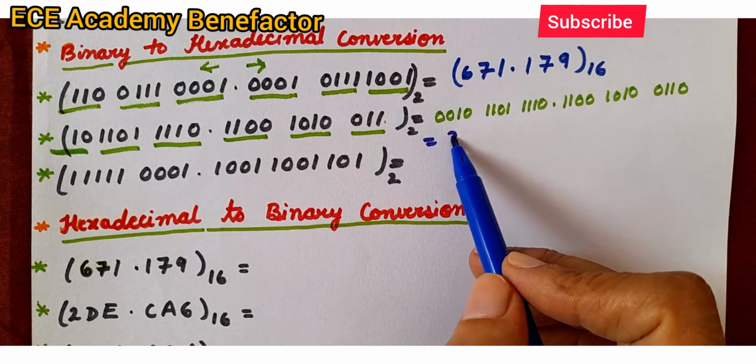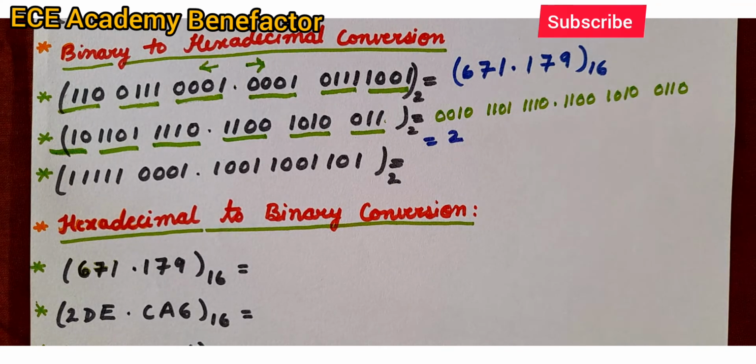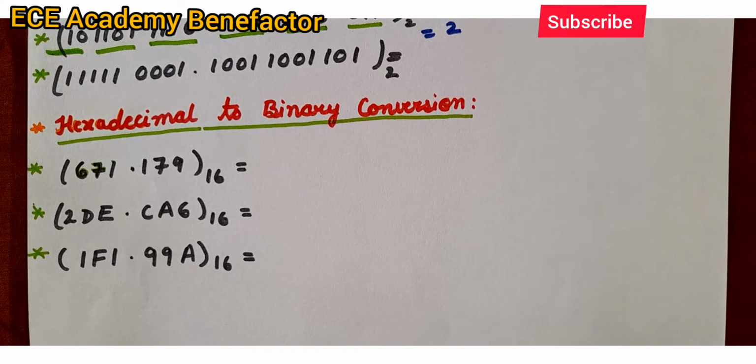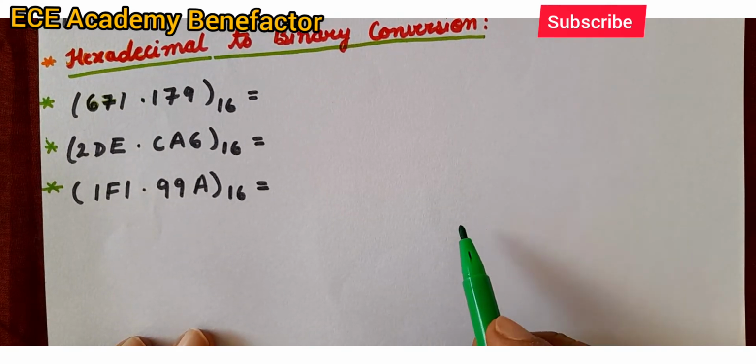This is 2. So you know the numbers. 11 is 1011, which is known as B. What is A?